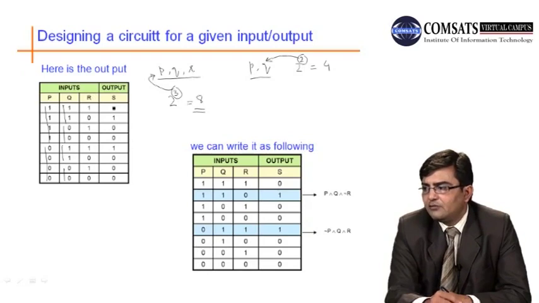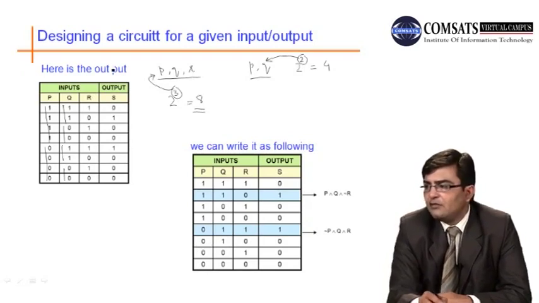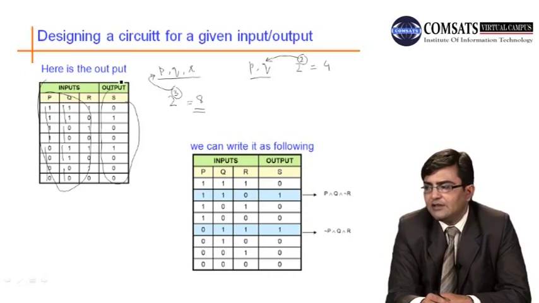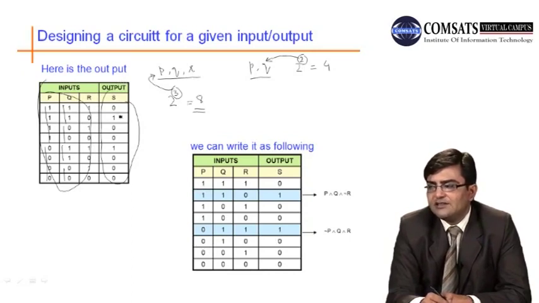For a given input and output, we are designing a circuit. If we have 3 propositions here and we are given this output, actually this S doesn't represent any logical expression. It is simply an output which is given, and we have to construct a circuit corresponding to this output.